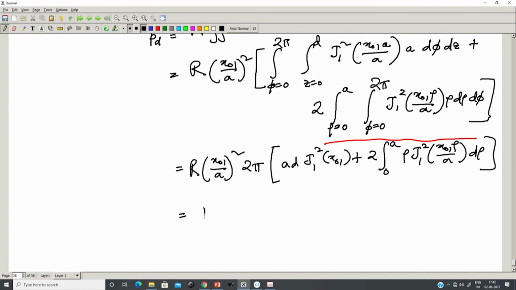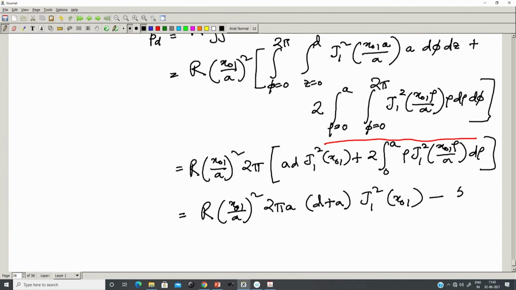And that eventually turns out to be R x01 by A whole square 2 pi A d plus A times J1 square x01, that is equation 50.